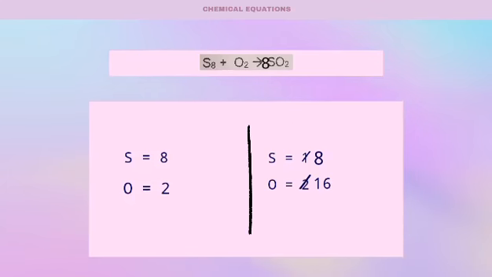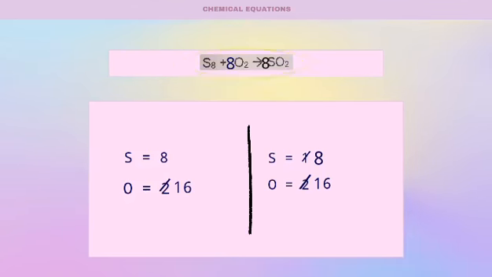To balance this, I will add a coefficient 8 before O2 under the left side, so there are 16 oxygen atoms on each side, like S8 plus 8O2 equals 8SO2. So the number of atoms in each element is the same on both sides of the equation, so it is now balanced.